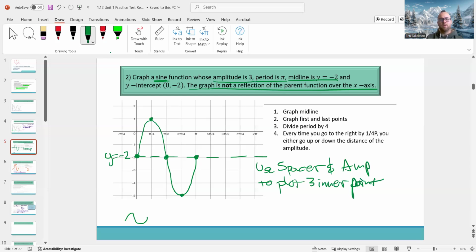So we're talking about this one, this one, this one. So we always start with the midline, then the y-intercept, then the point at the end of the first period, and then the three inner points.